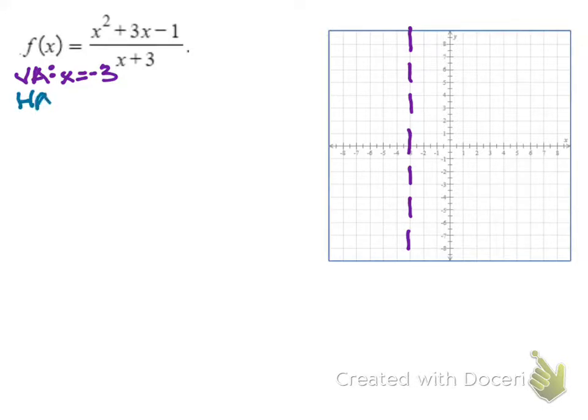Next, horizontal asymptote. Here we have the situation where we are bigger on top, so there is none. But remember, that means that we will have to look at an oblique.